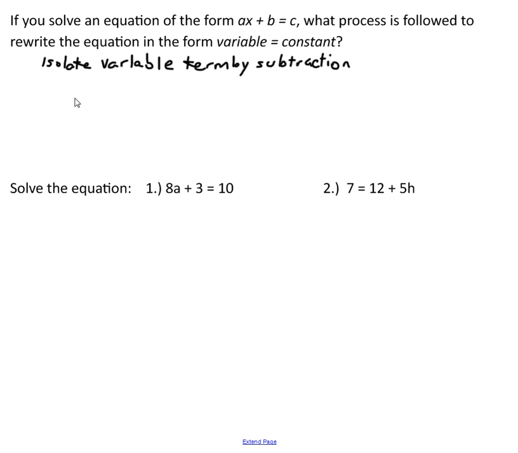Okay, so that means ax plus b equals c. We would subtract b from both sides in order to isolate the x variable term.